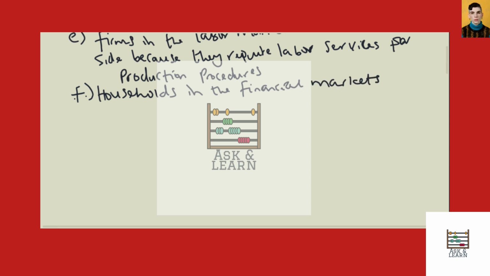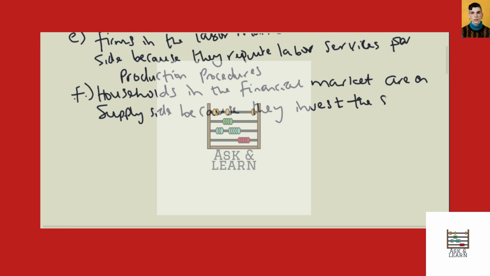Households in the financial market are on the supply side, and this is because they invest their savings in financial securities.